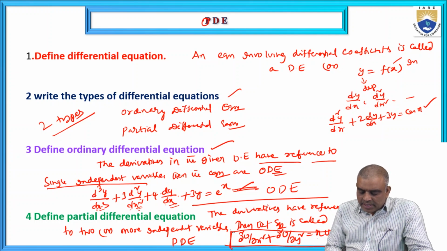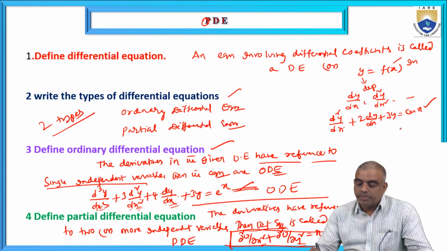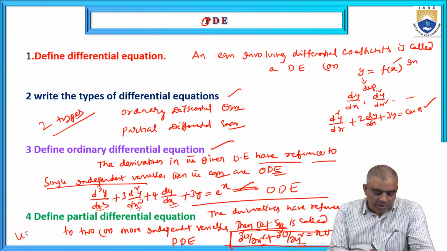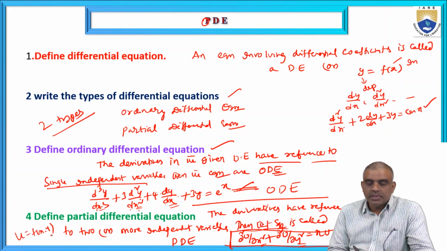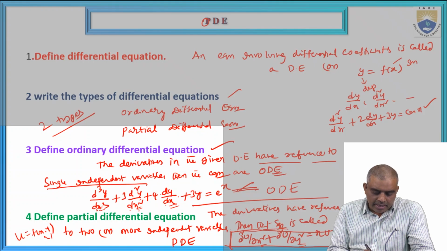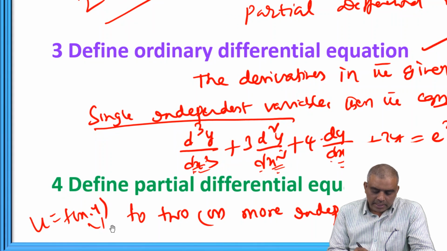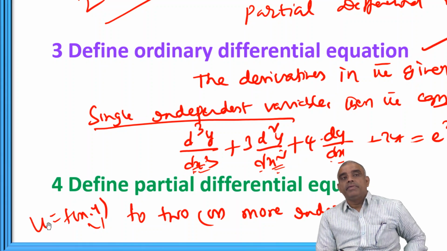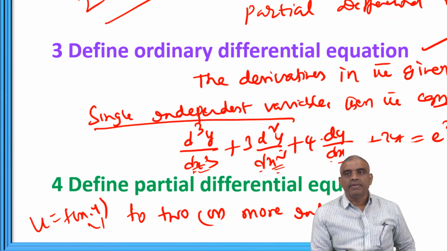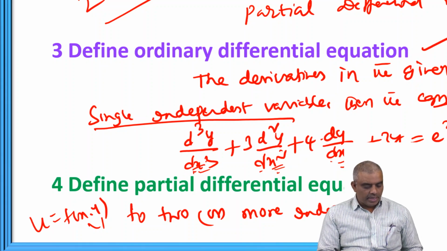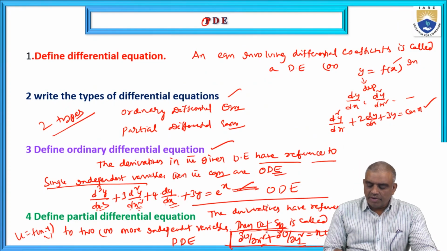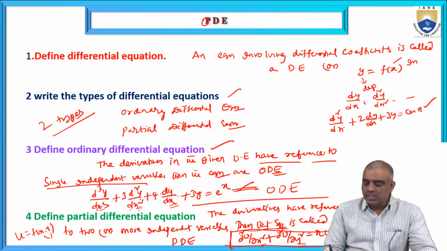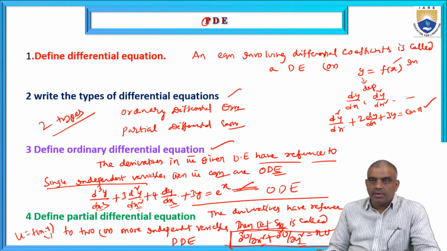So in this equation, the derivatives are with reference to two independent variables, because u is a function of x comma y. Here x and y are independent variables and u is the dependent variable. u depends on x and y, and the derivatives in the given equation are with reference to x and y. So this is called a partial differential equation.